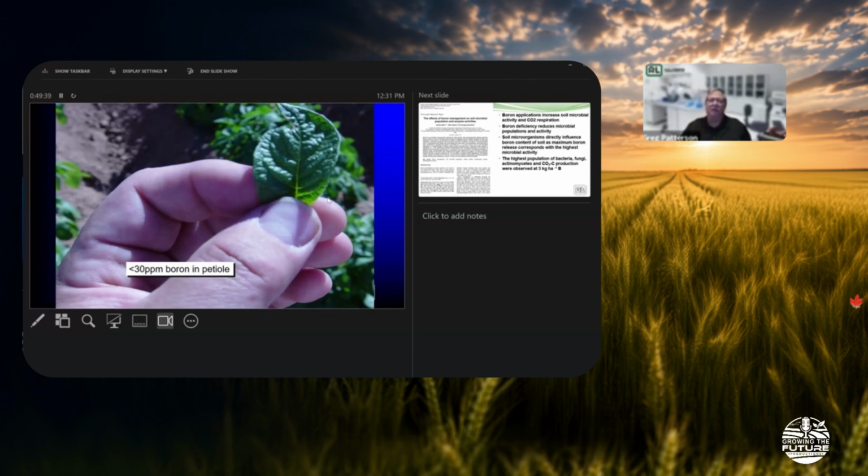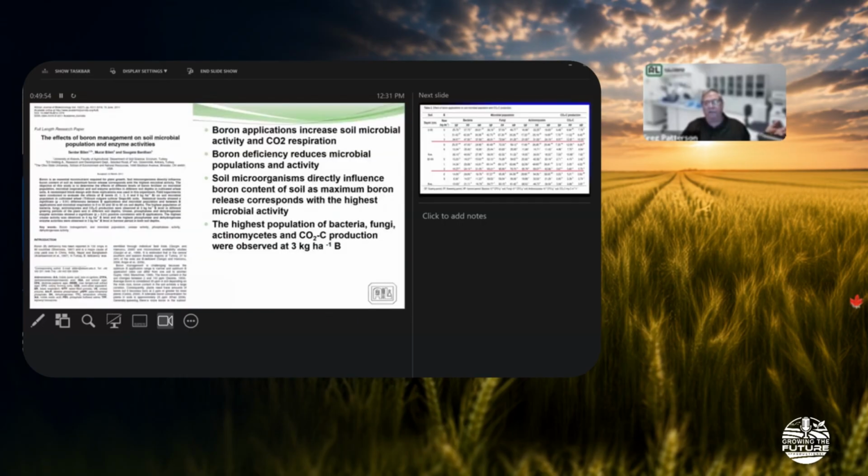We need to know. And there's too many people out there telling us that boron is not important. And the more research we do, the better yields we have from using boron at the levels we're talking about. Darren's talking about soil health. We've got lots of research now telling us that our microbial activity is very much influenced by boron application. In this particular case, it's not crop specific.